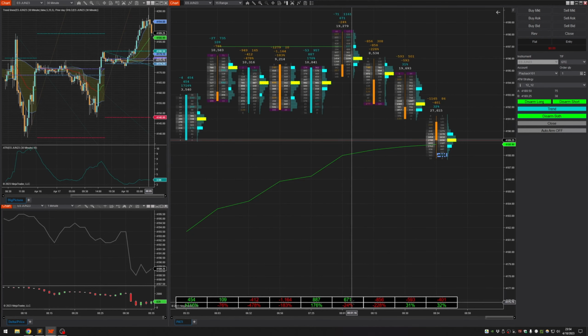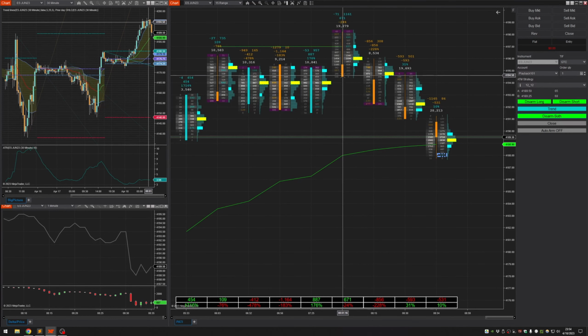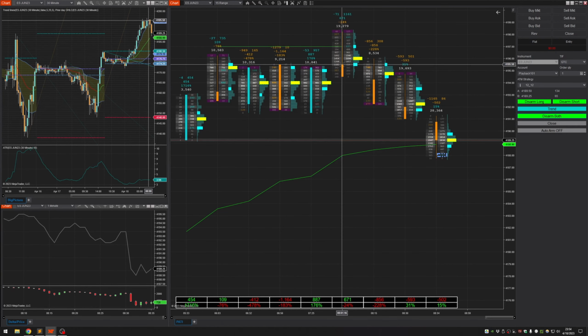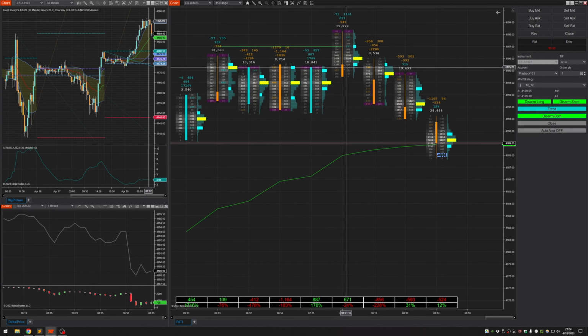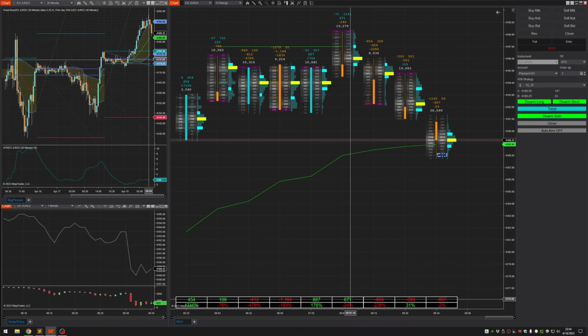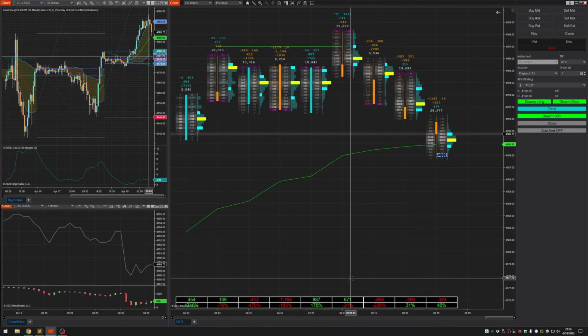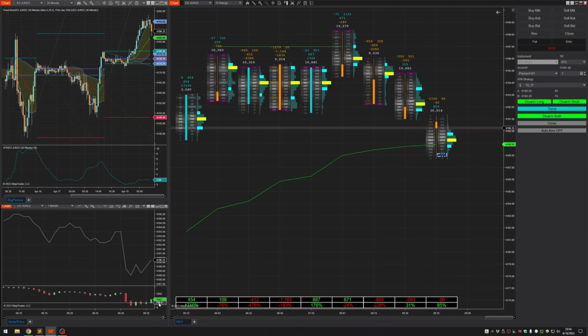So even though this is positive buyers, the bar closed negative. He sees that the price is going negative. Therefore, he thinks that this is more valuable information than this positive delta number. But in areas like this, where you have delta rapidly climbing, the price will end up following the delta because there are buyers stepping into the market.